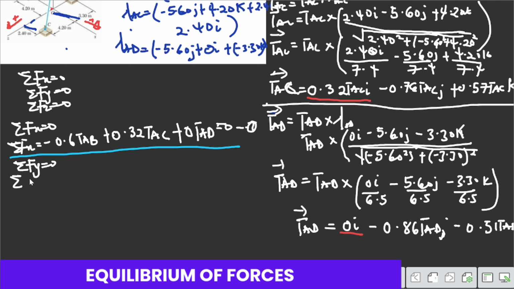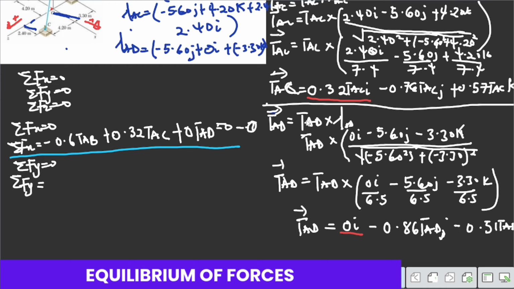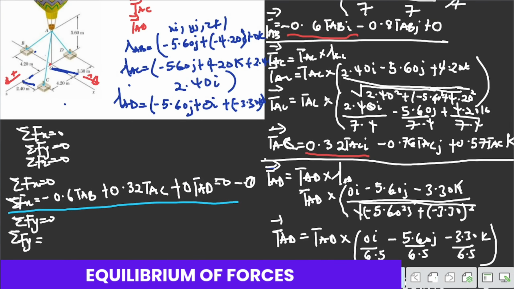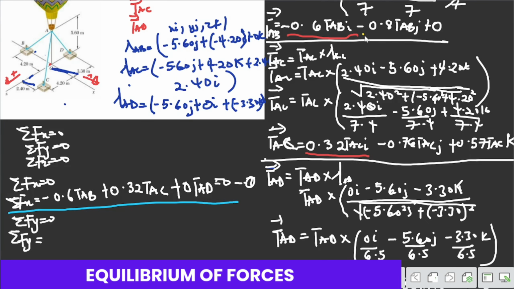So that means the sum of the force at Fy is equal to, so now we are coming to the J component form. You also go to the J component form by using yellow for it. So let's go to our J. So first, this is our J. So we are having our negative 0.8 for it.